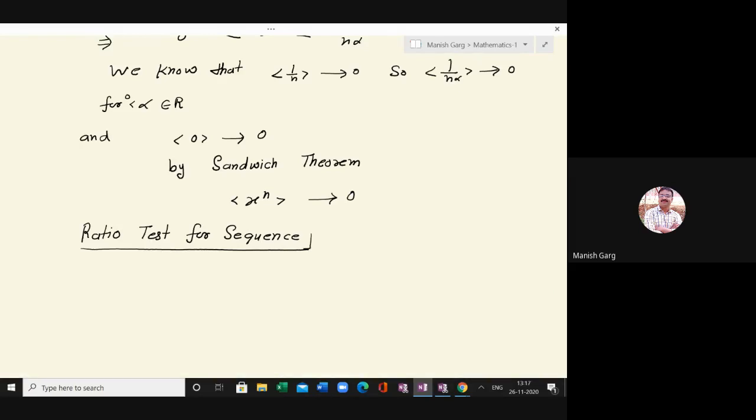There may be other solutions also. I'm not saying that you must use Bernoulli, but this is one solution. If you want to apply the Sandwich theorem, you need to write x^n such that it is greater than one sequence and less than another sequence, but the convergence of those sequences we know. That is our main motive. You can use others also. Okay?